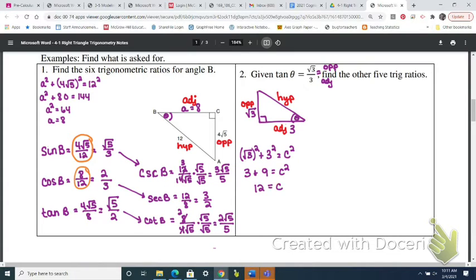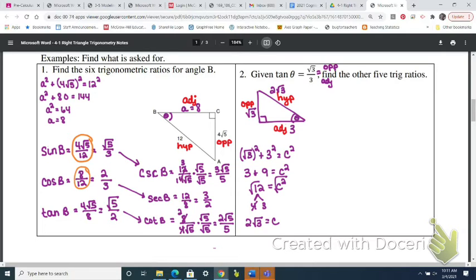And to undo a square, I take the square root of both sides. I need to go ahead and write what this multiplies by. So it's 4 times 3. So the square root of 4 is 2. I don't know the square root of 3. It stays inside. So this is 2 square roots of 3.